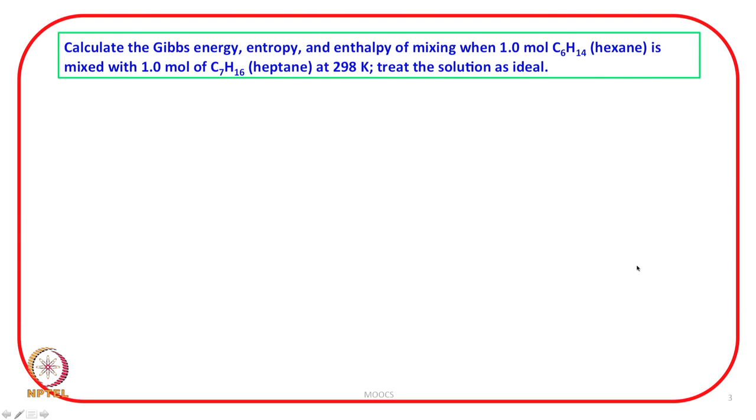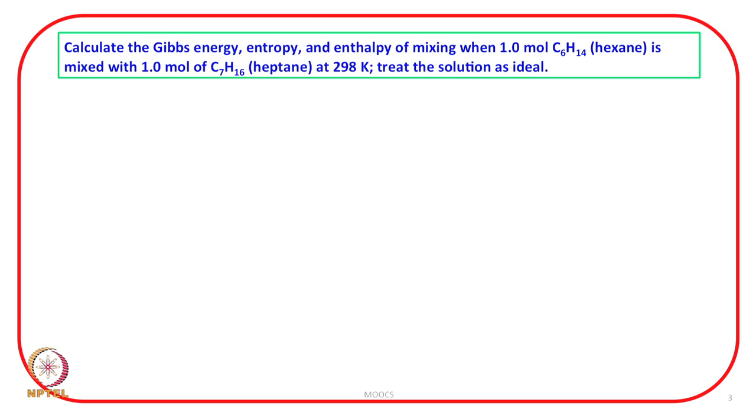The question is: calculate the Gibbs energy, entropy and enthalpy of mixing when 1 mole of hexane is mixed with 1 mole of heptane at 298 Kelvin. Treat the solution as ideal.